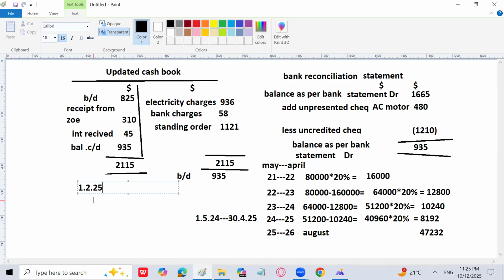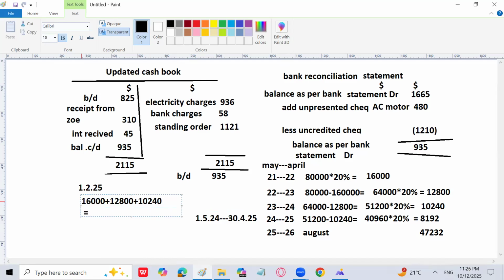Why? Because of the annual basis. In the year in which the asset is sold, we will not calculate depreciation, my dear. We won't take depreciation in that year, so nothing comes in 24 to 25. The asset should be depreciated for 3 years: 16,000 plus 12,800 plus 10,240.